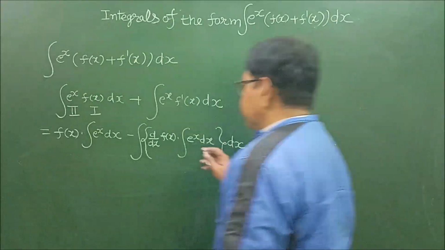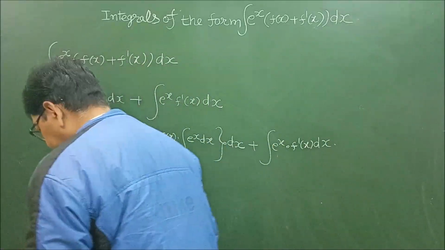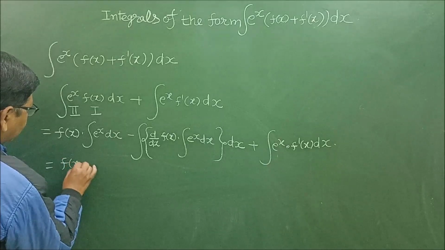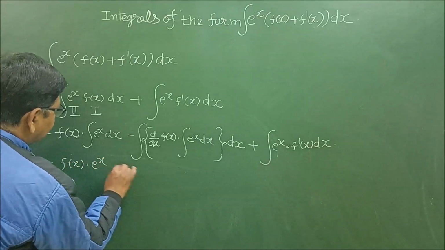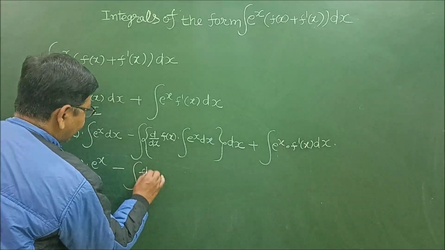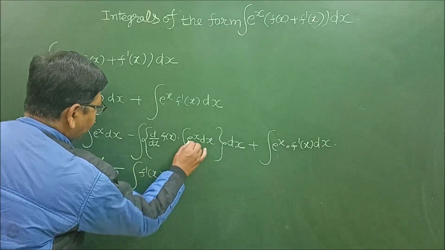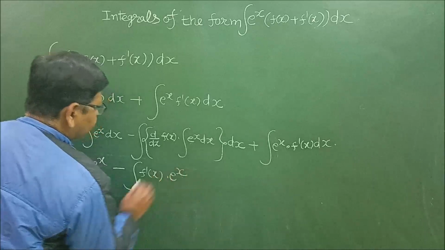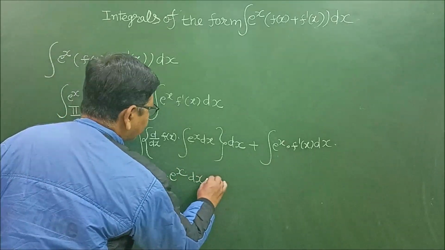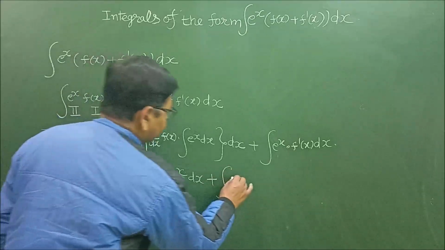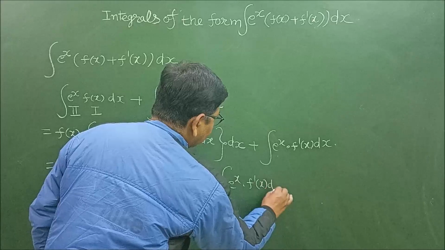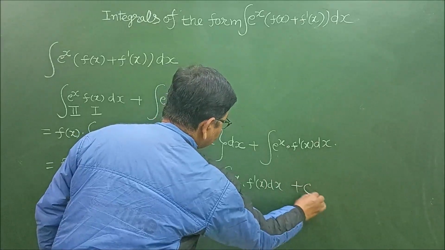Now on further solving it, we get f(x) into e raised to the power x, minus the derivative of f(x), which is f'(x), into the integral of e raised to the power x, and whole integral, plus the integral of e raised to the power x f'(x) dx, plus a constant c.